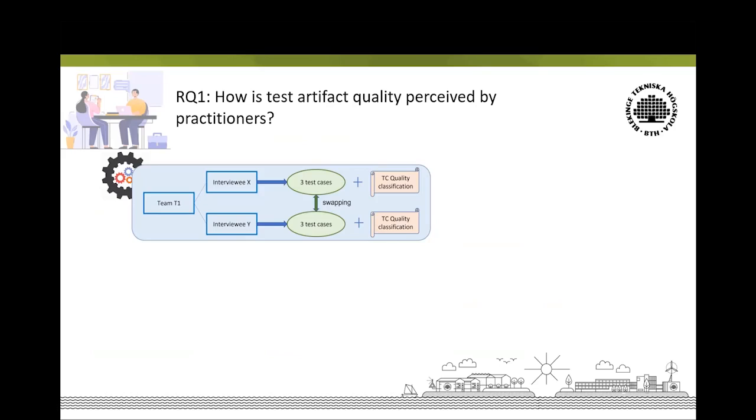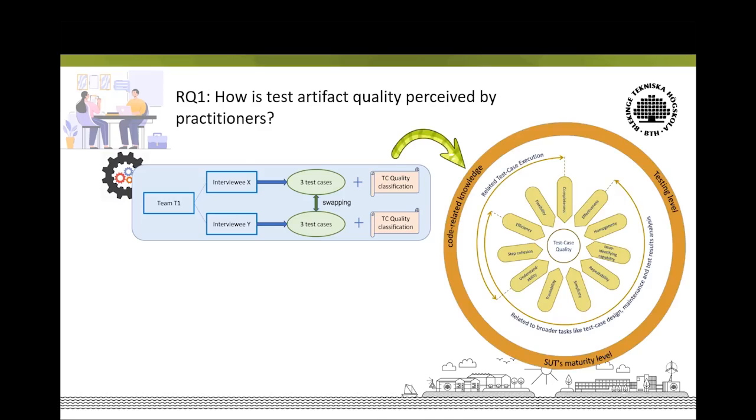So they did the classification in advance. Then in the interview, we swapped the test cases so that we can understand the alignment between practitioners, whether they have the same assessment or not. That's important to emphasize.